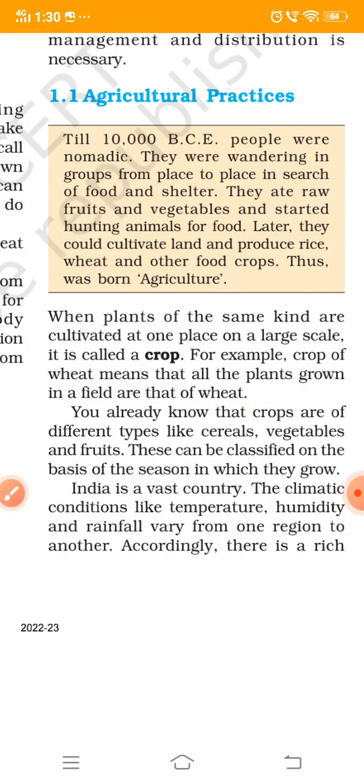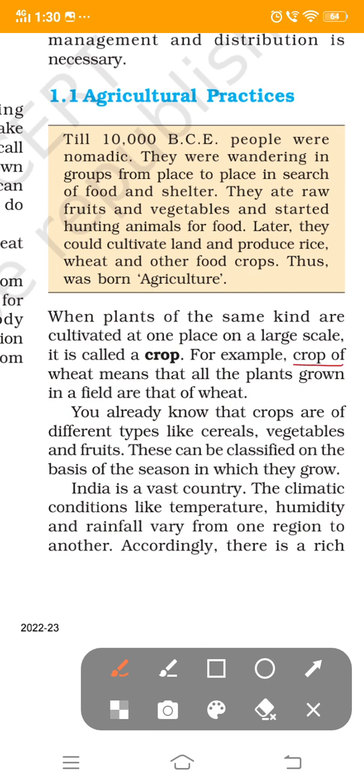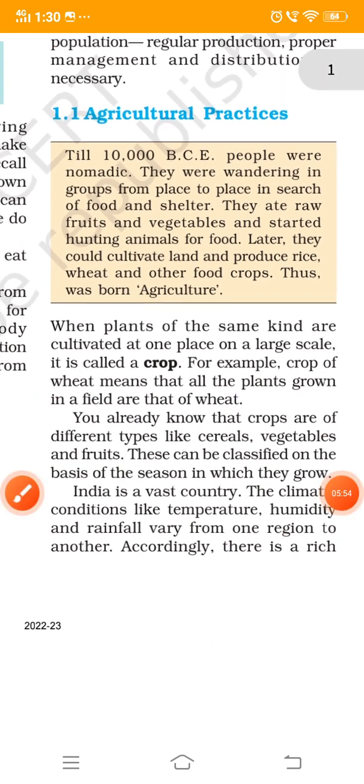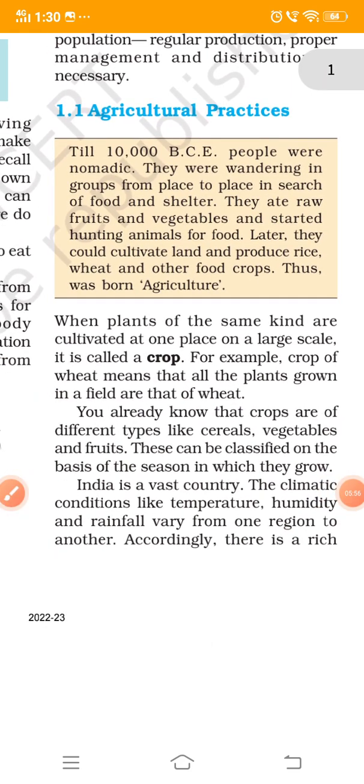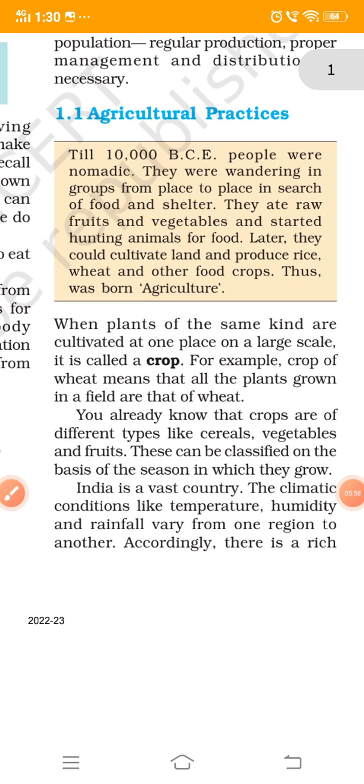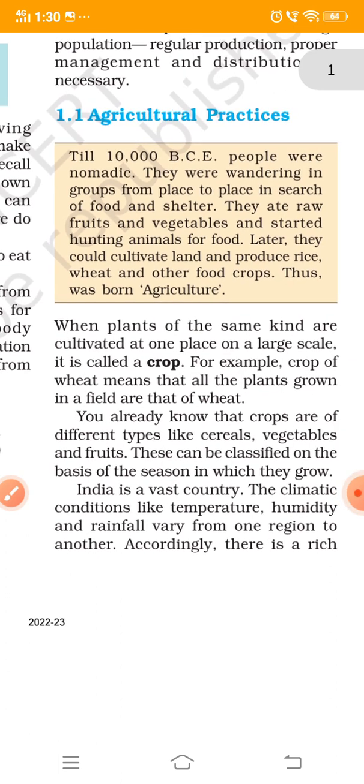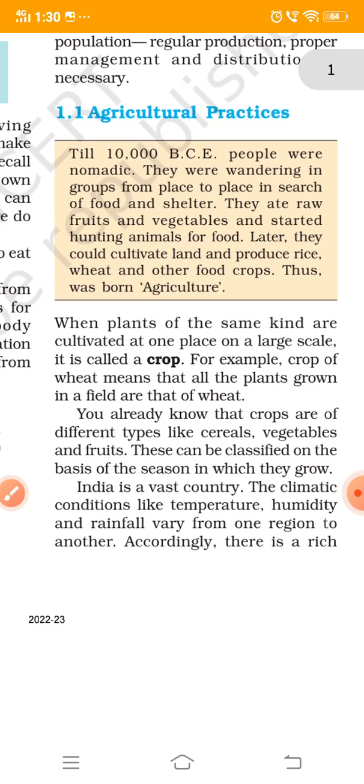For example, a crop of wheat means that in that area only wheat will be grown. You already know that crops are of different types like cereals, vegetables and fruits. These can be classified on the basis of seasons.